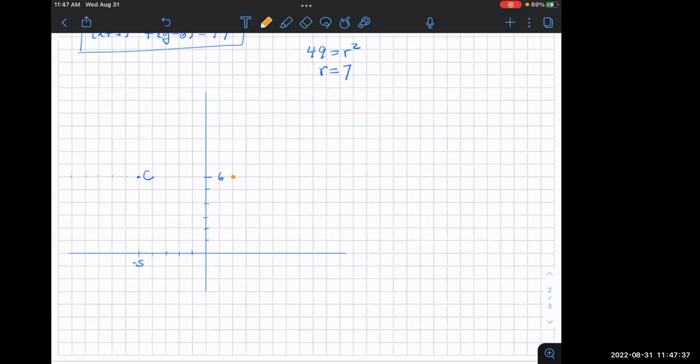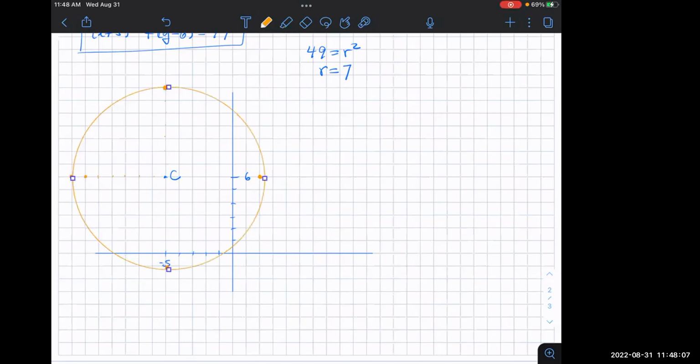I need to move it one more place. Okay, so those are the points, so we draw the circle.